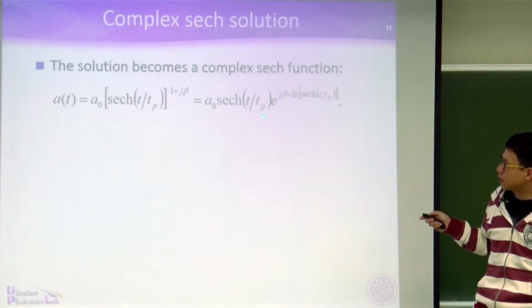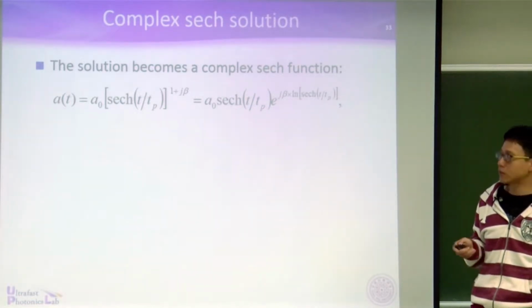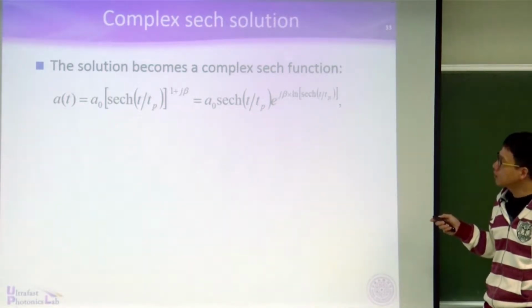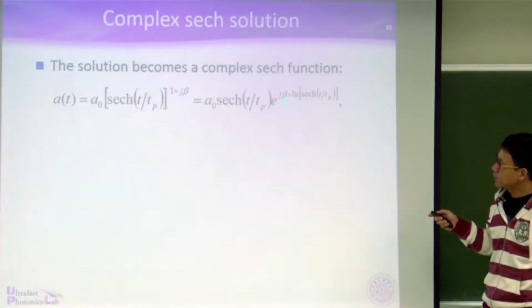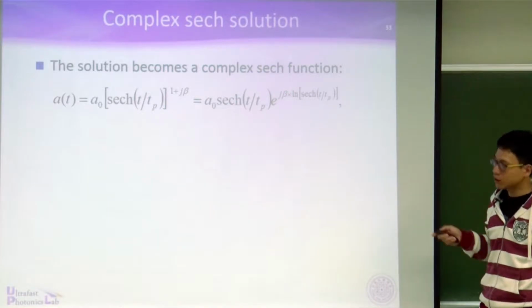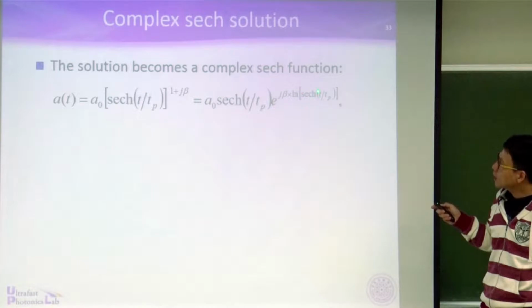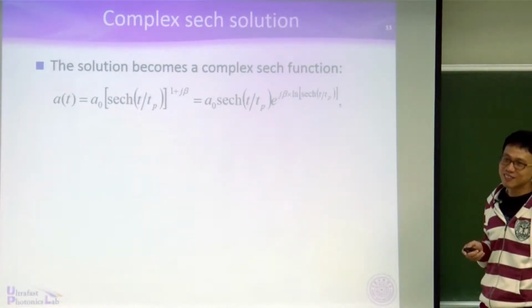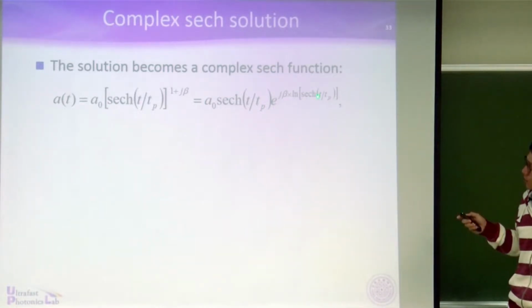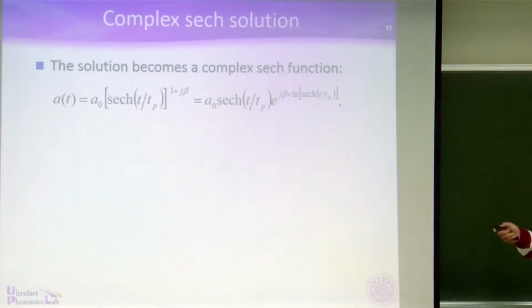It turns out that the amplitude is the same as before, sech of t over Tp, and the phase is an unconventional one, beta coefficient times natural logarithm of sech of t over Tp. Okay, so this is the standard representation.